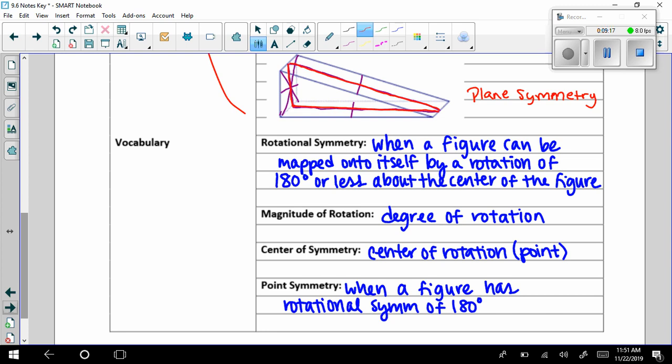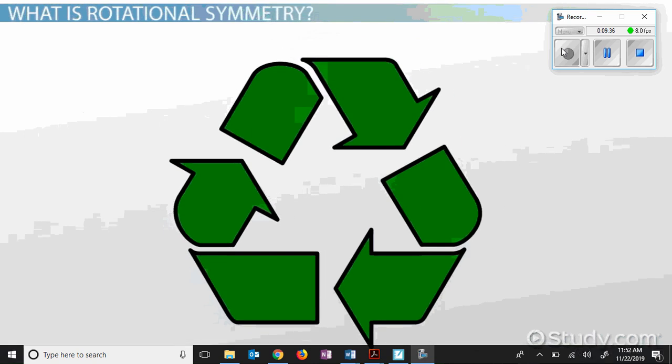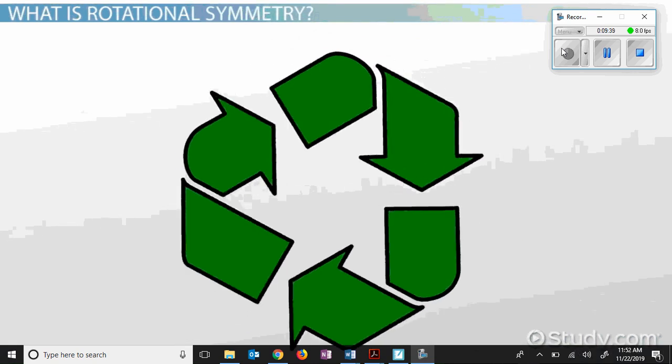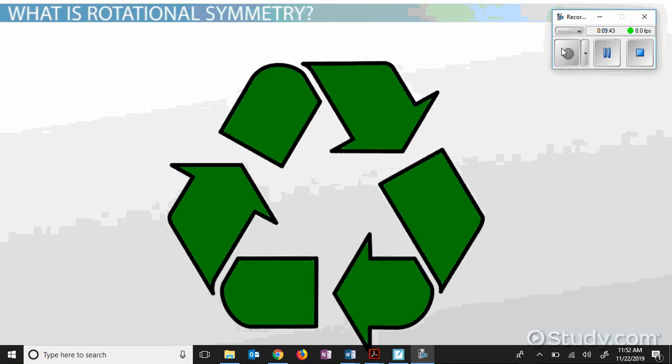Okay, when a figure can be mapped onto itself by a rotation of 180 degrees or less about the center of the figure, then it has what's called rotational symmetry. What that means is, here you can see as we turn this image, it's going to click into place, so there it's going to stop again without making a full rotation around.